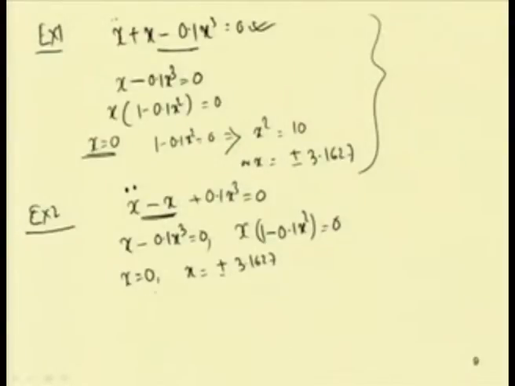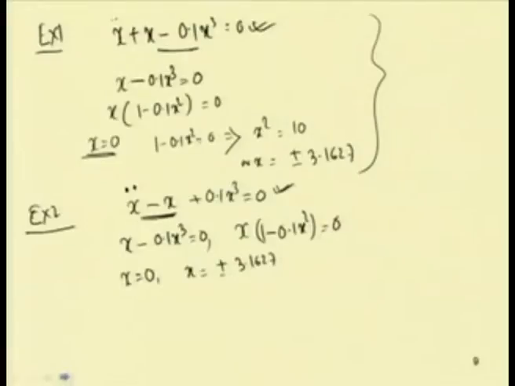In this case also we have the same solution: x equal to 0 is a solution, and x equal to plus minus 3.1627 are two other solutions. These are the equilibrium points of this equation.